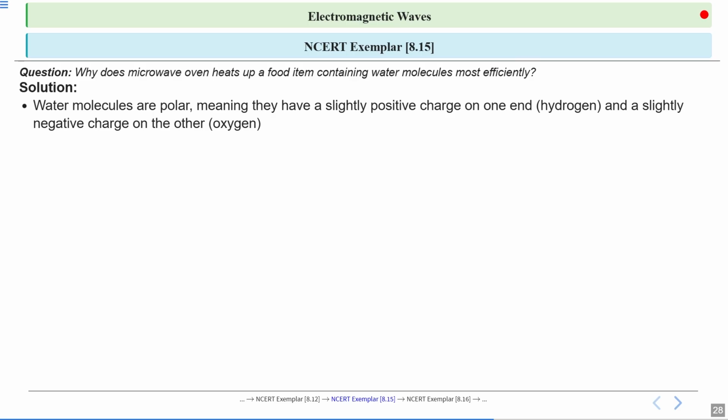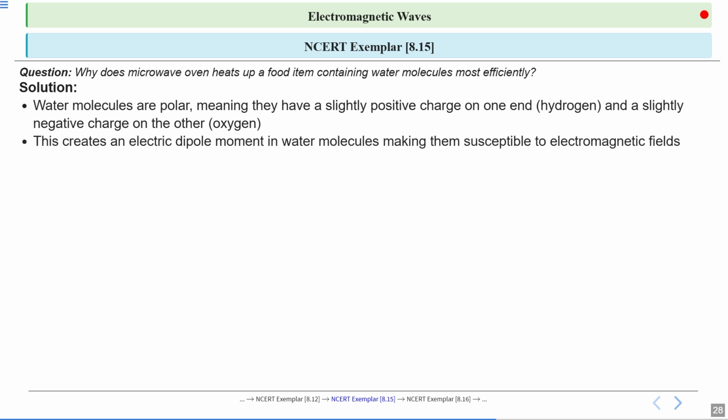Water molecules have a slightly positive charge on the hydrogen end and a slightly negative charge on the other end, that is, on the oxygen atom. So this creates an electric dipole moment in water molecules, making them susceptible to electromagnetic fields.